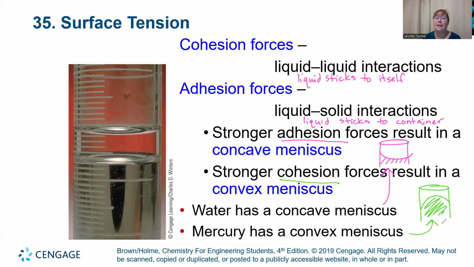And mercury has a convex meniscus. So that means that water's adhesion forces are stronger and it travels up the side. This also affects your capillary action.